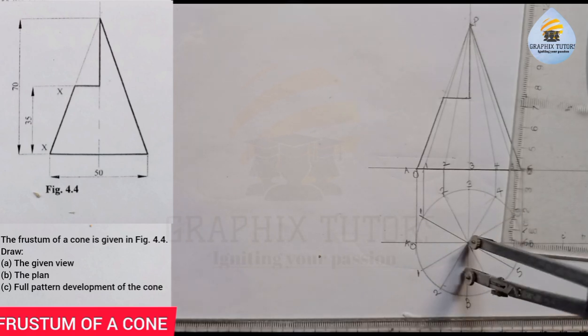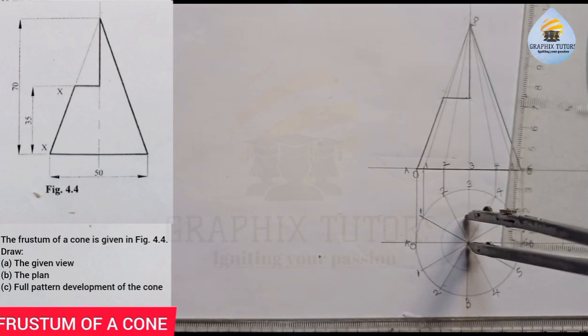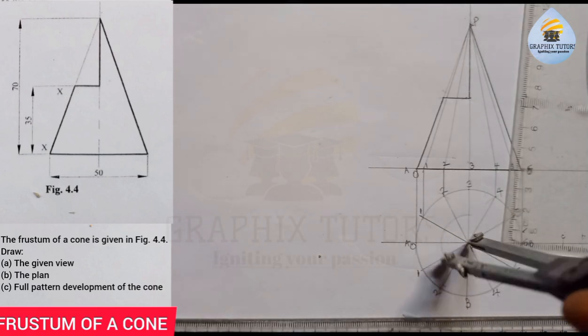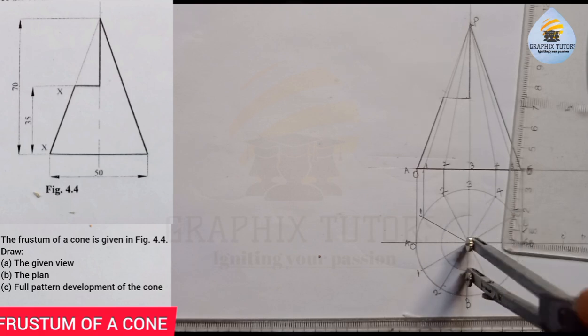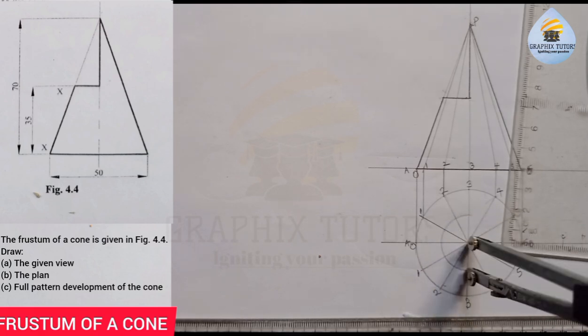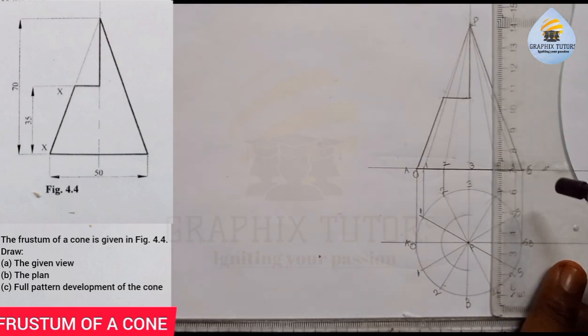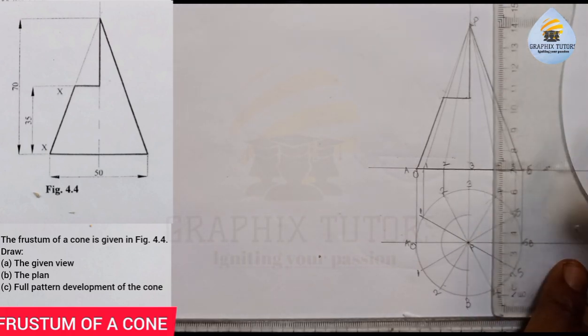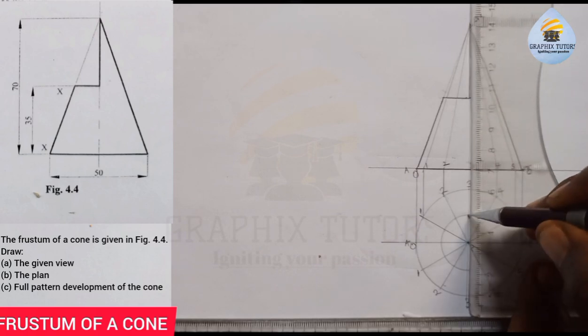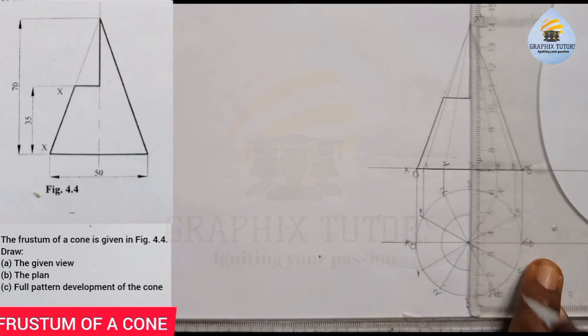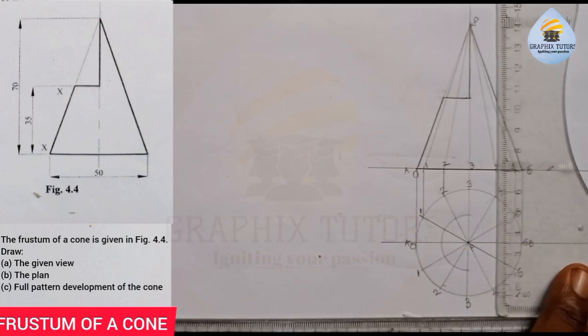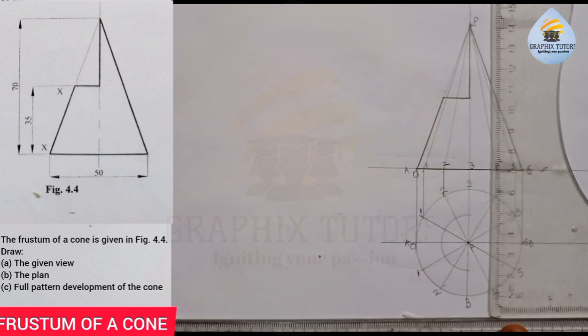And I'm going to draw this. You see that? So meaning that this part here is from here to here all together. So I'm going to shade it. So that's what we have.